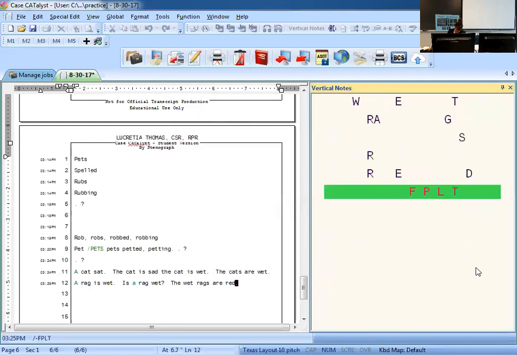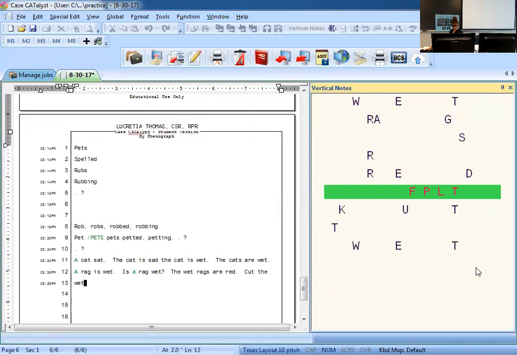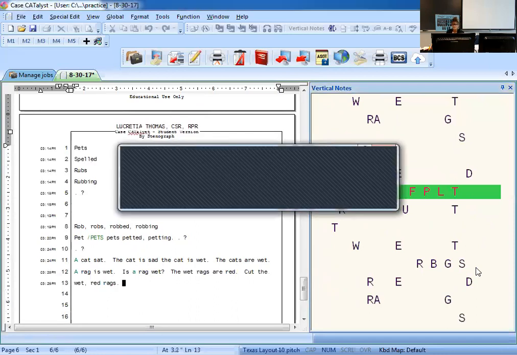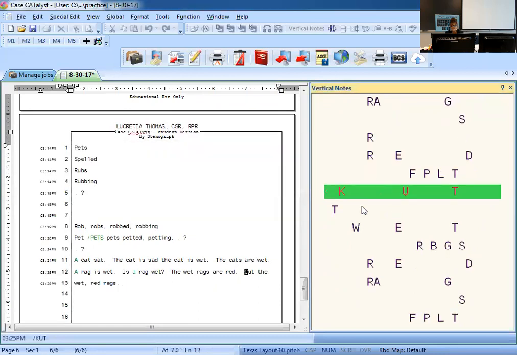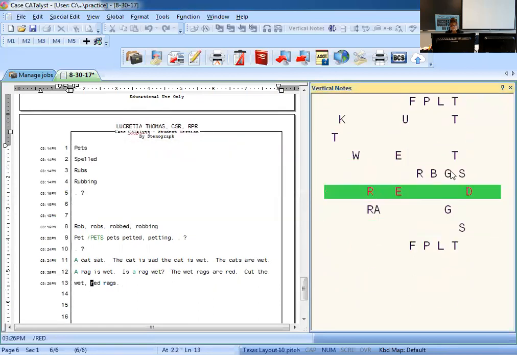Okay? And then we've got cut the wet red rags. So cut the wet, comma, red rags, period. Okay? Sorry about this. Cut the wet red, oh, and I put a comma, rags, period.